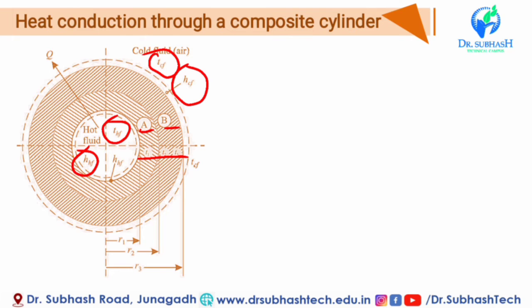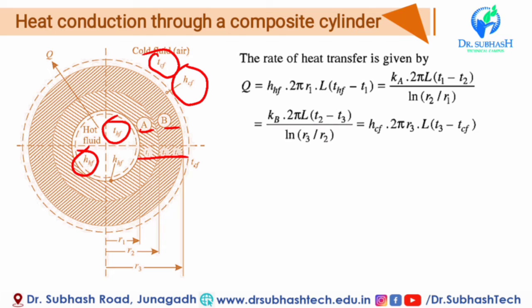So the rate of heat transfer is given by this equation, in which first we use the convective heat transfer coefficient H_HF into 2 pi R1 L into (T_HF minus T1). That equation can be written from Newton's cooling law.